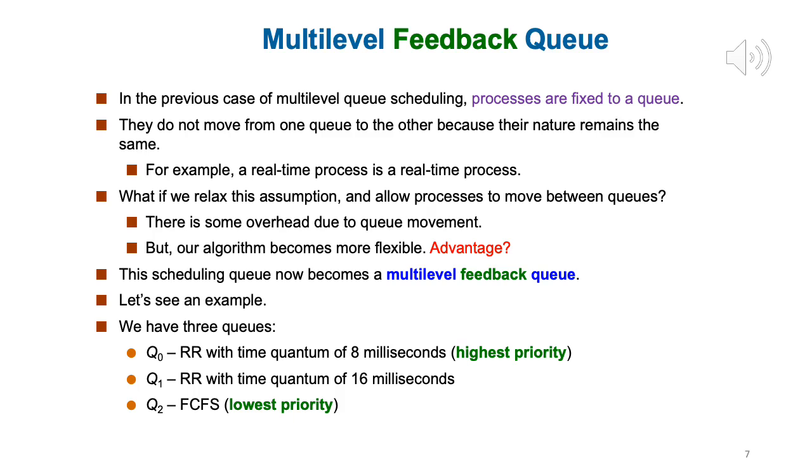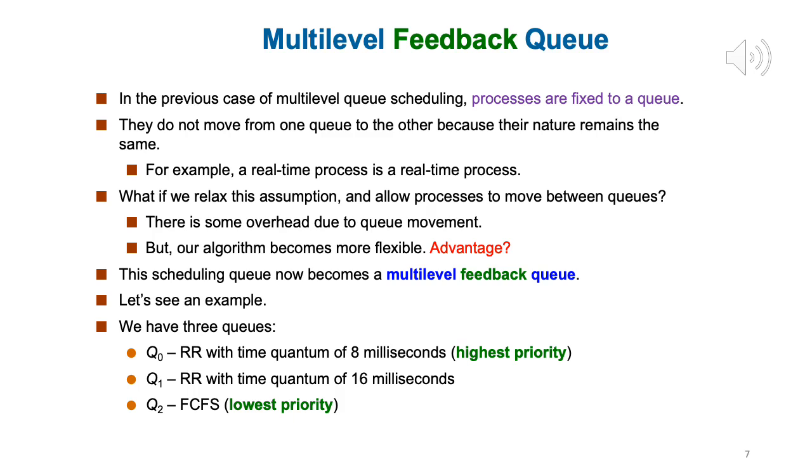Another scenario could be a process enters a queue, does some execution, so still some instructions are pending, so it goes on to the next queue. That's what the arrows show, and what it looks like is Q1 and Q2 are using round robin with different quantum values, and Q3 is using FCFS.